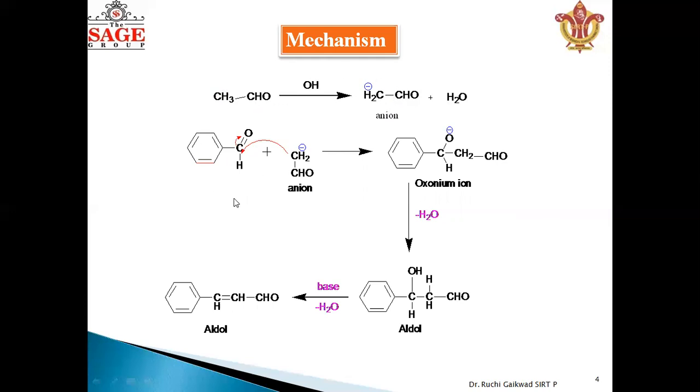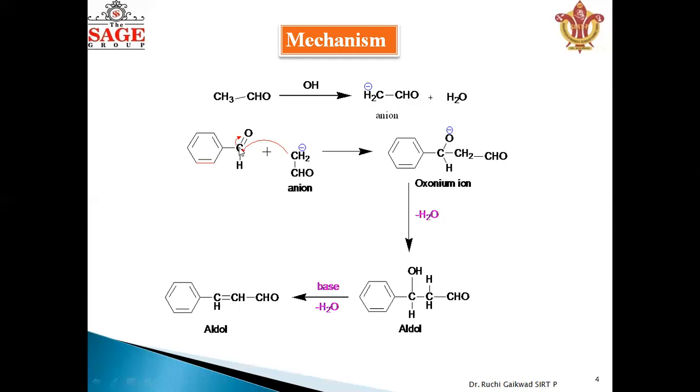Further, when we use this aromatic aldehyde with the aliphatic aldehyde, this anion will attack the carbonyl carbon of the aromatic aldehyde, and it produces the oxonium ion. As you can observe, this aromatic aldehyde consists of a carbon with a double bond to O, the carbonyl group.